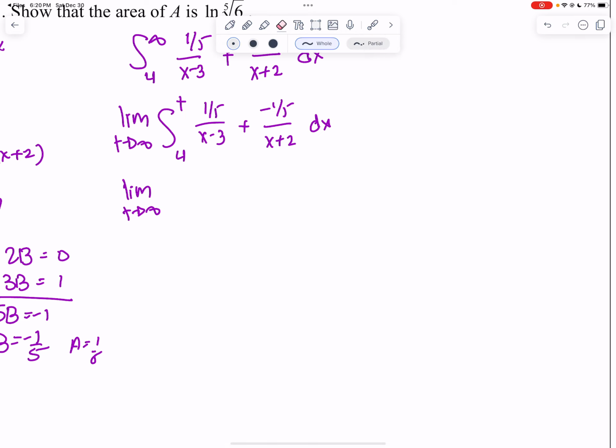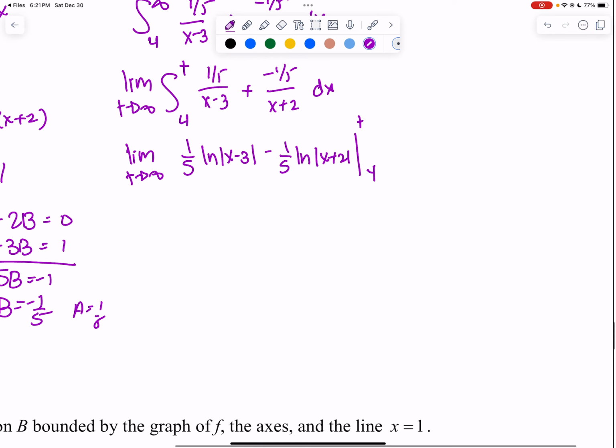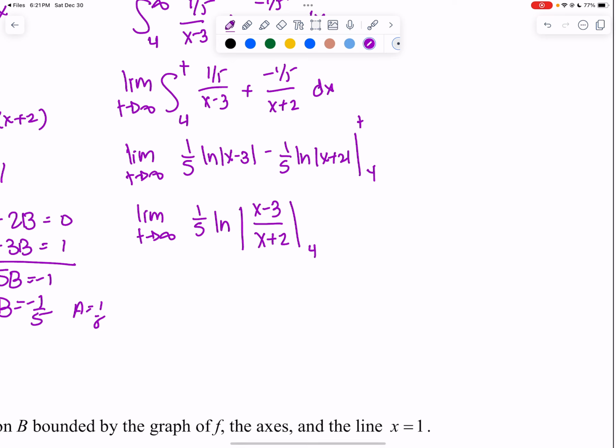Let's do this. We have 1/5 ln of x minus 3 minus 1/5 ln of x plus 2. This is from 4 to t. I am going to combine them, and we have 4 to t.